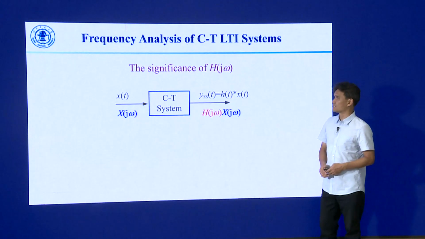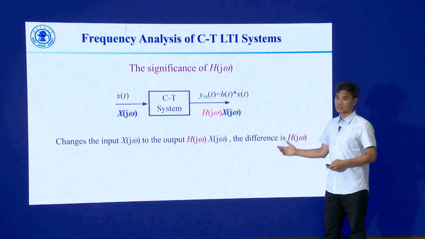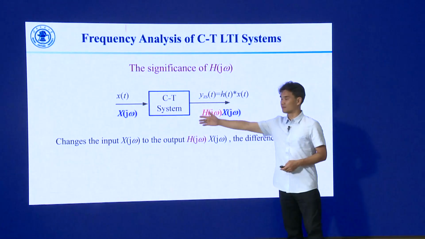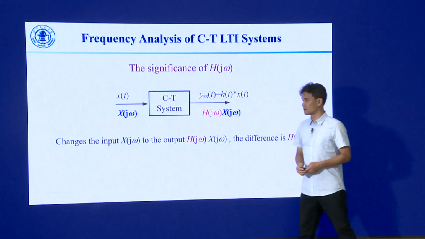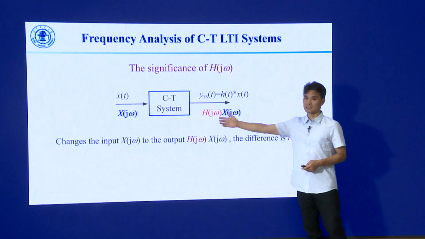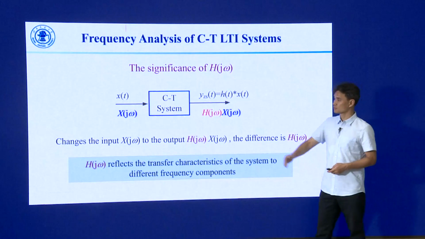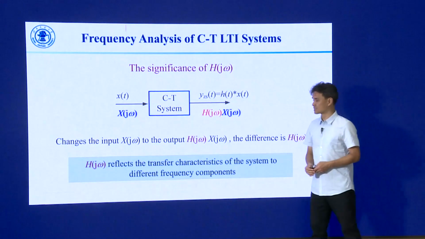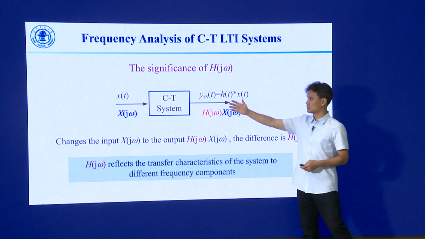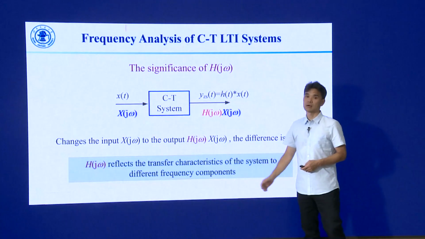The significance of the system's frequency response can be described with this statement: the behavior of the system towards the input is actually to modify the input using the system's frequency response. So the frequency response reflects the transfer characteristic of the system to different frequency components.